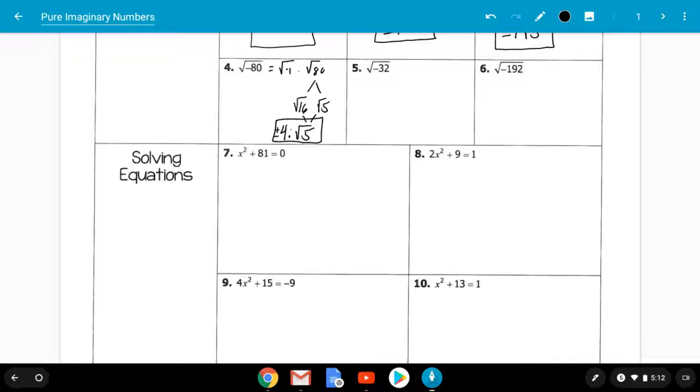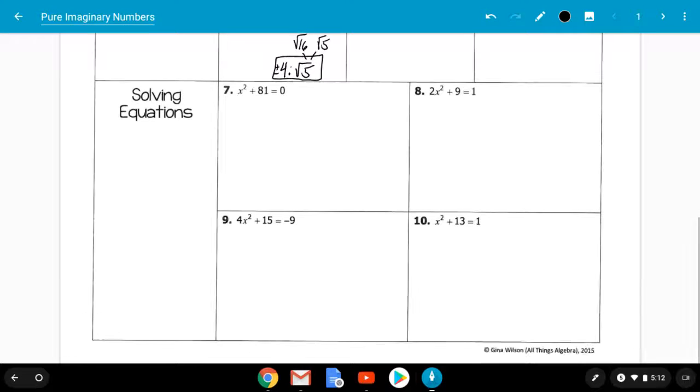So just like what we did last class with solving equations, I can do that here. You're still following the same steps: get the x squared by itself and then solve for x. So here I would subtract 81 from both sides. I get x squared equals negative 81. Take the square root of both sides.